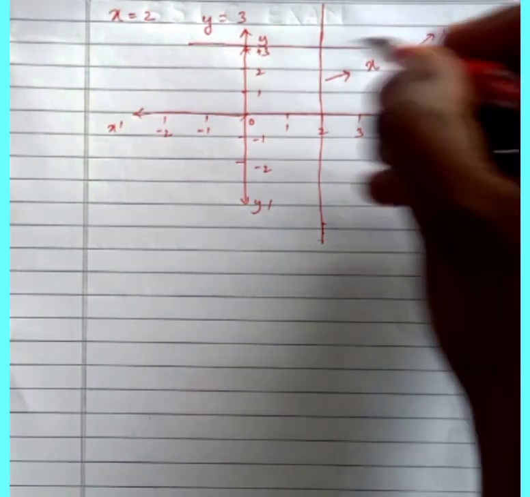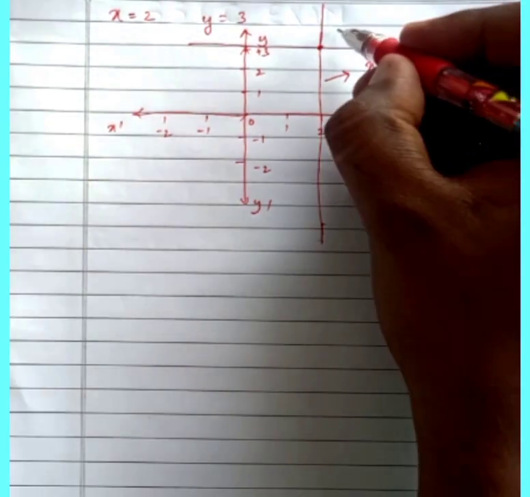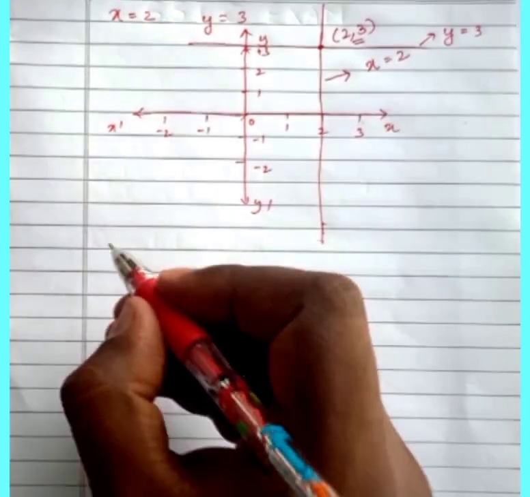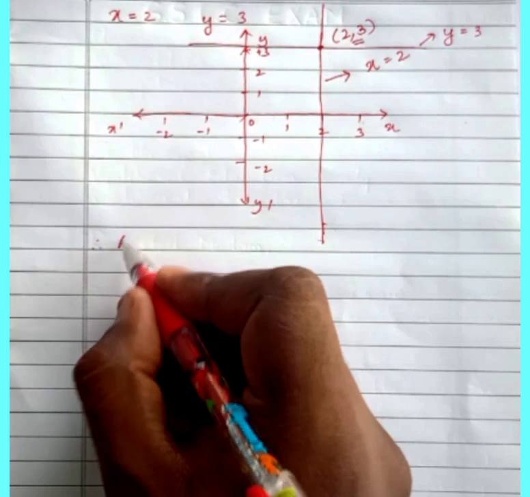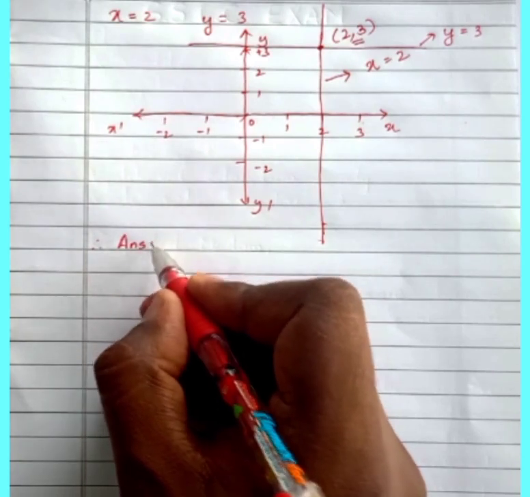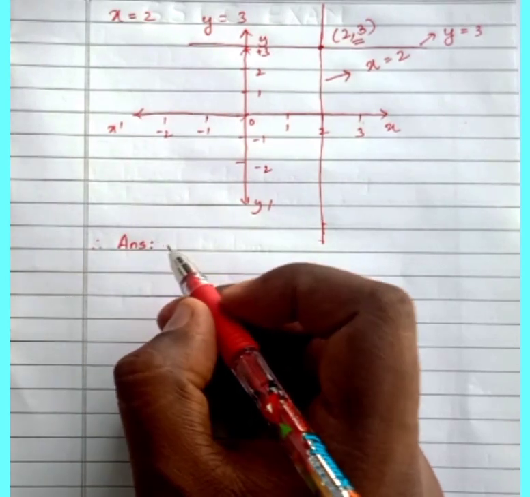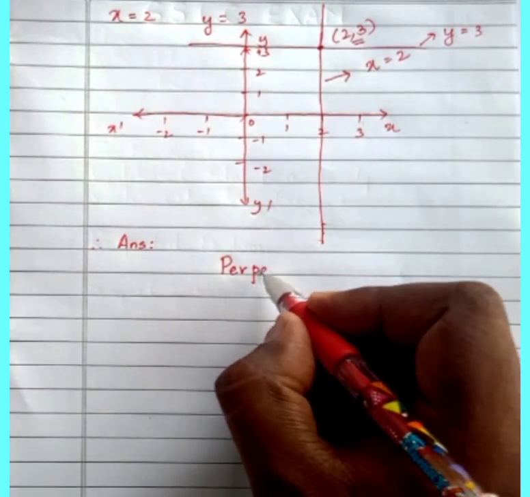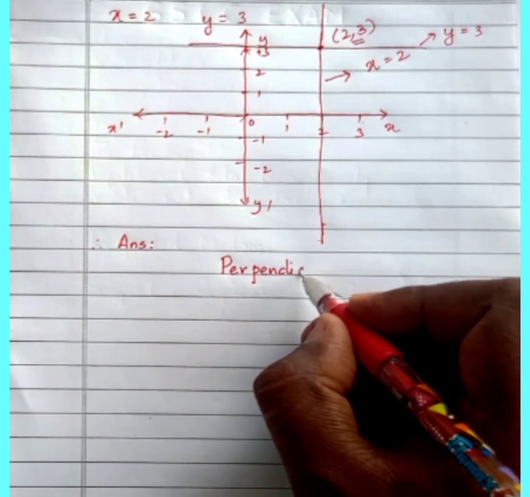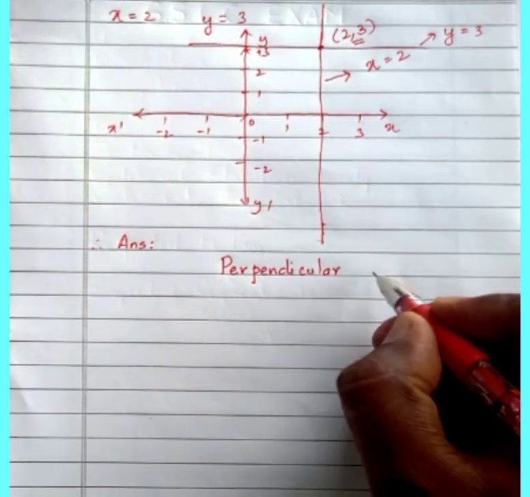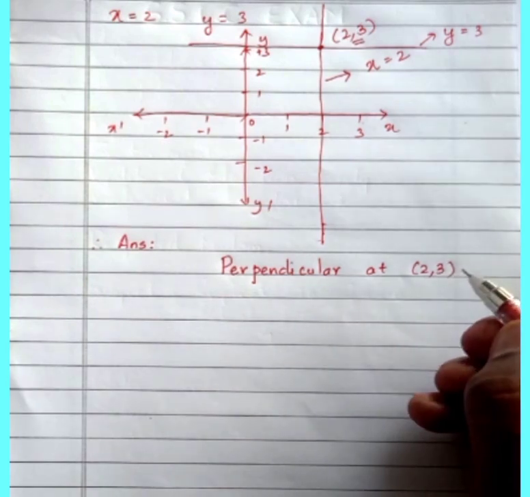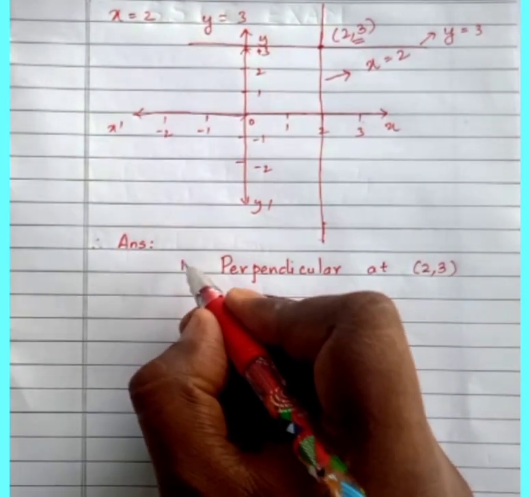Therefore, we have plotted x equals 2 and y equals 3. These two intersect at 2, 3. Therefore, the correct answer is perpendicular at point 2, 3. These two lines are perpendicular to each other at point 2, 3. That is option D.